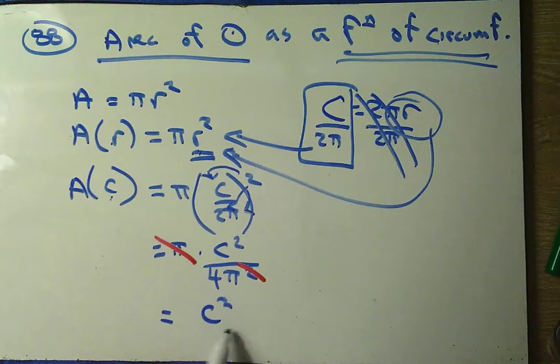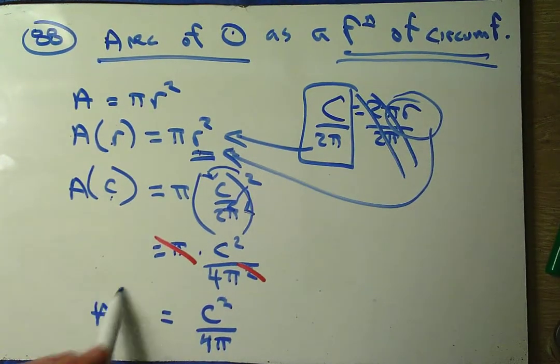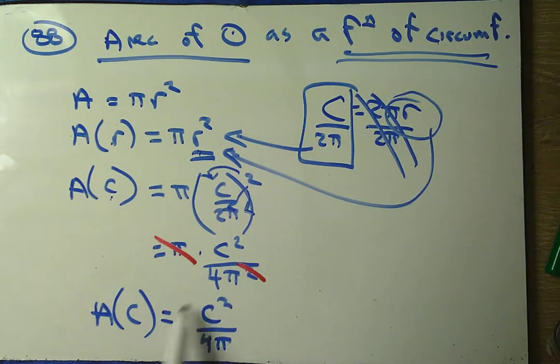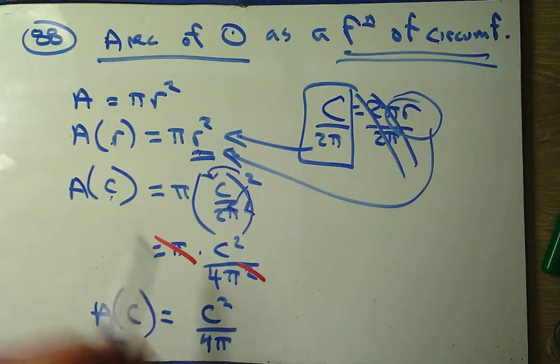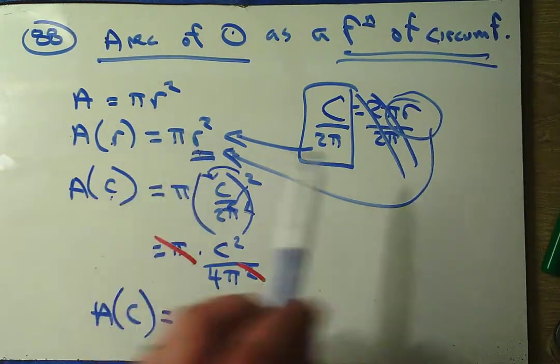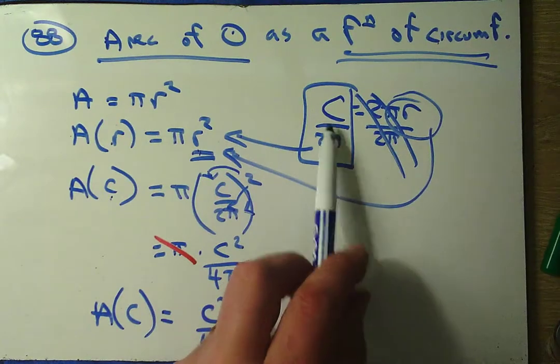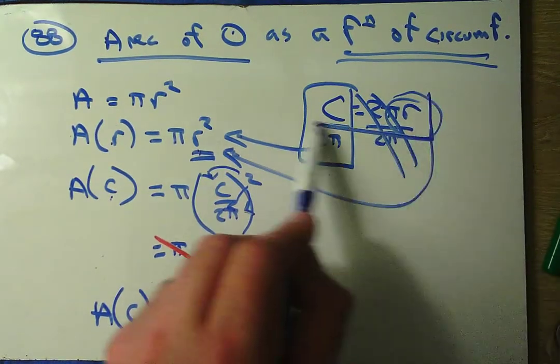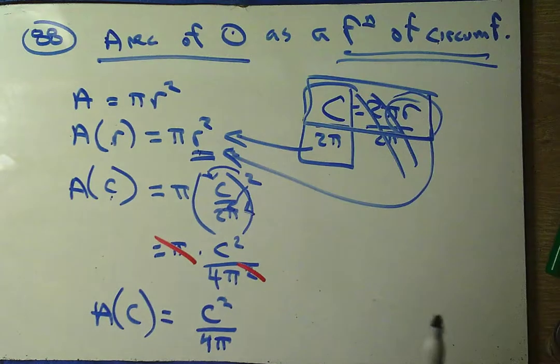So I get C squared over 4 pi. That's area as a function of circumference. See, no more radius here. We replaced radius with some stuff in terms of C. But that meant that we had to know circumference was equal to 2 pi r. These problems are really hard to do if I don't remember my basic math facts.